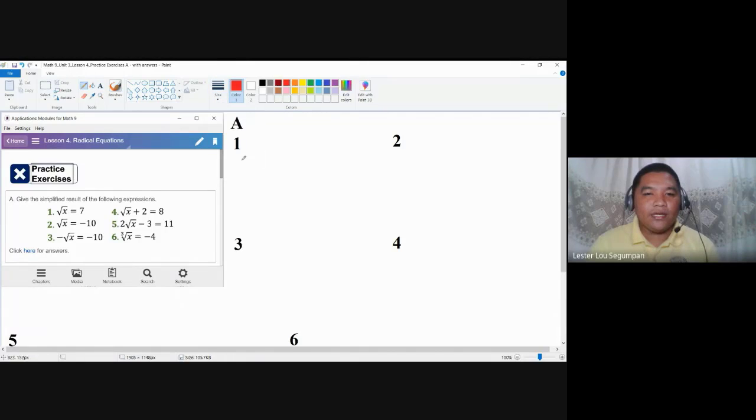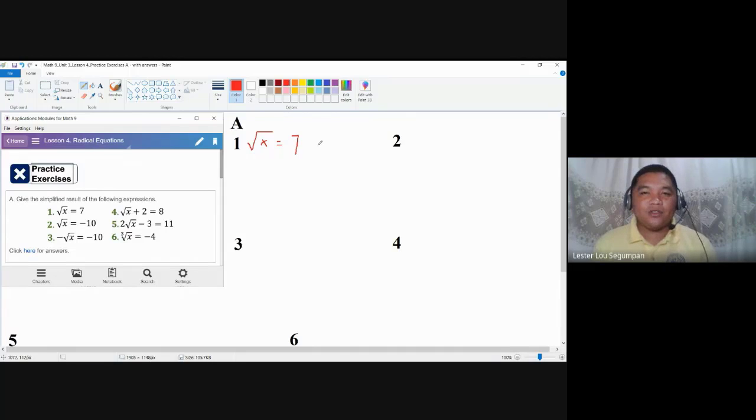In number one, we are given the square root of x is equal to 7. In just one glance, probably you can come up with the value of x that can make this equation true, and that is x equals 49.